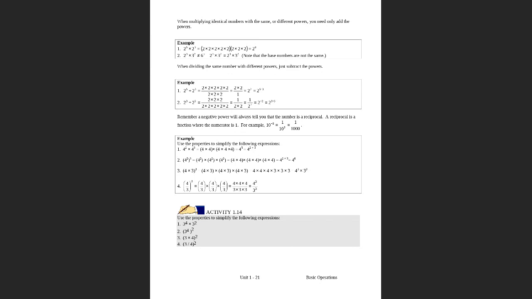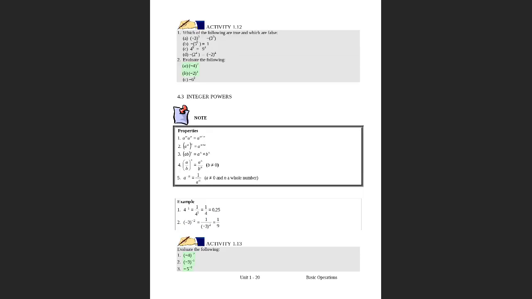Sorry, sir. I want to ask a question. On number 3, will I be penalized if I write -5 raised to -2 like this, and then 1 over -5 squared, and then 1 over -5?